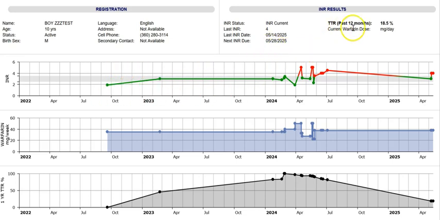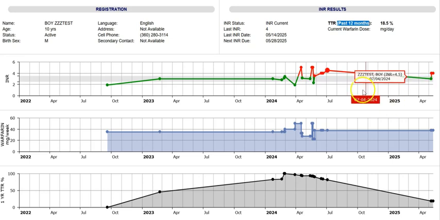When we're doing TTR calculations, we are only looking at the past 365 days. Now there are other TTR values, but it's actually a rolling calculation. Every time an INR is entered, we look backwards 365 days. We use the Rosendahl method to calculate the TTR for the previous 365 days.